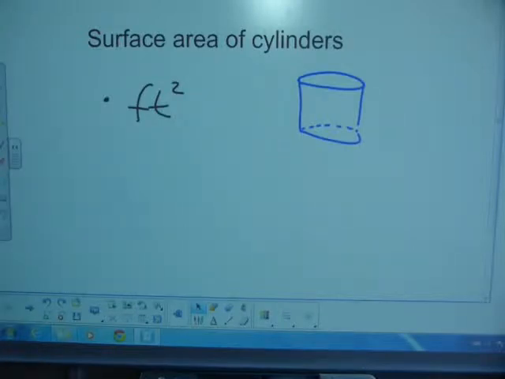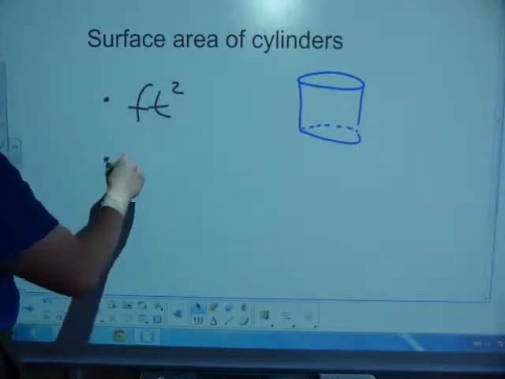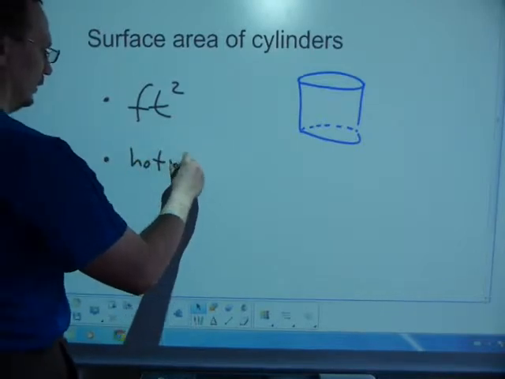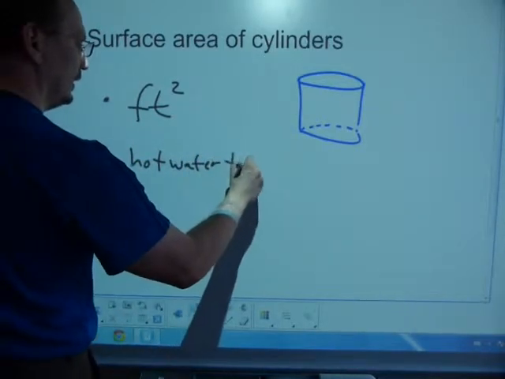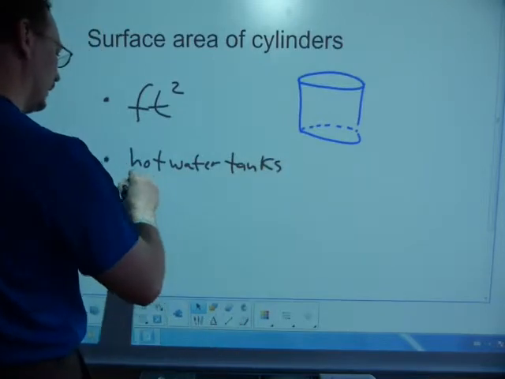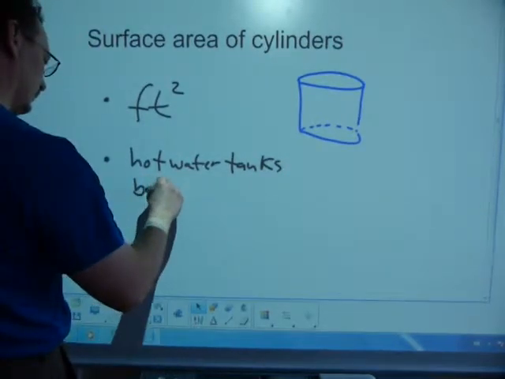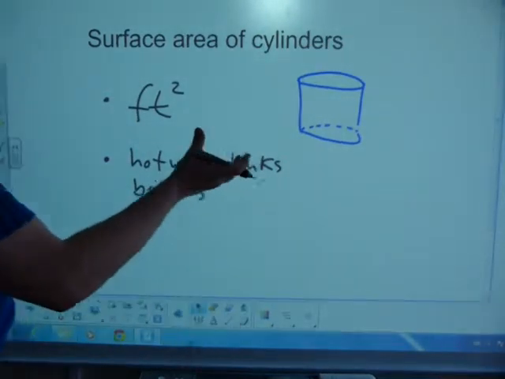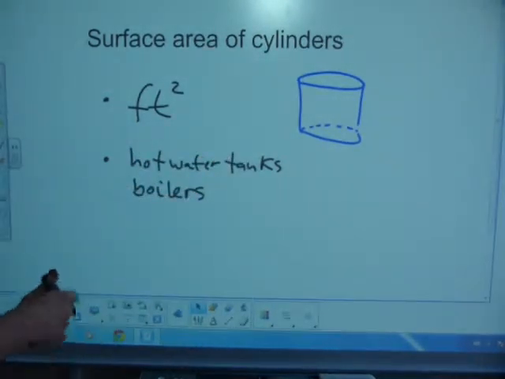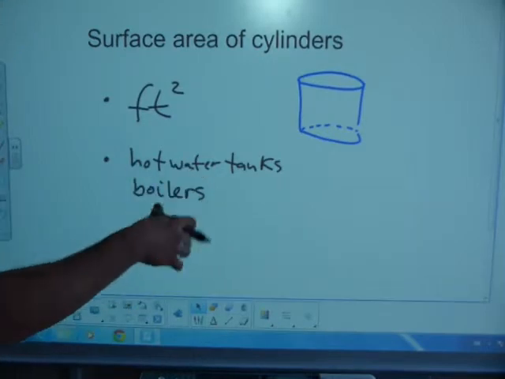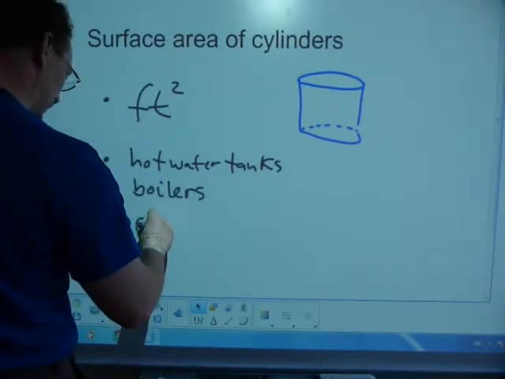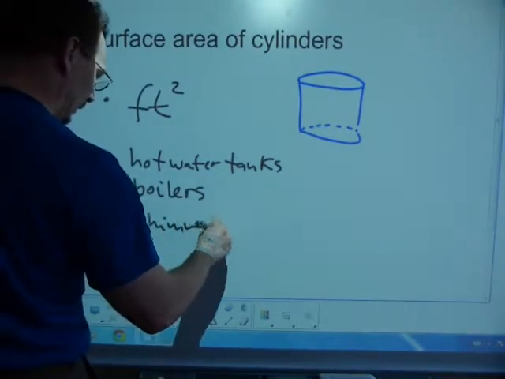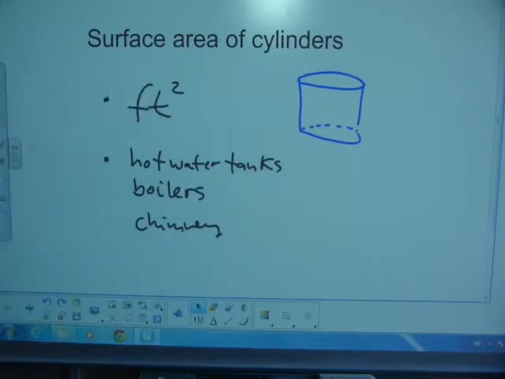Common objects include hot water tanks, boilers, cylindrical chimneys and chimney flues, or any kind of exhaust systems, even the cylindrical exhaust components on vehicles.